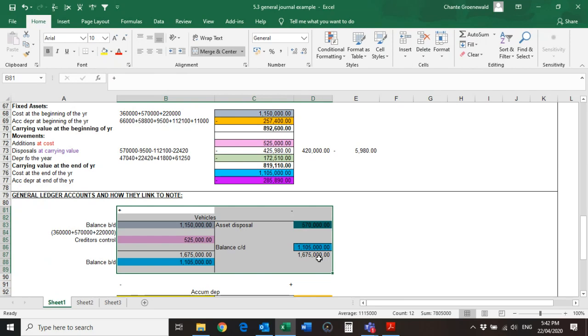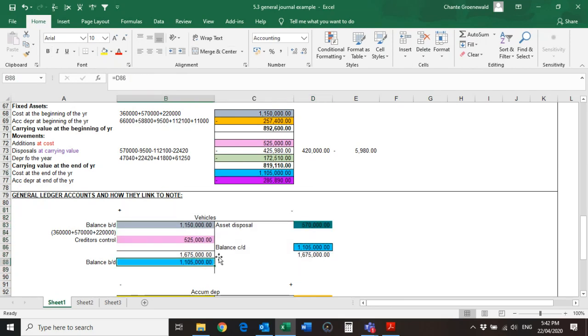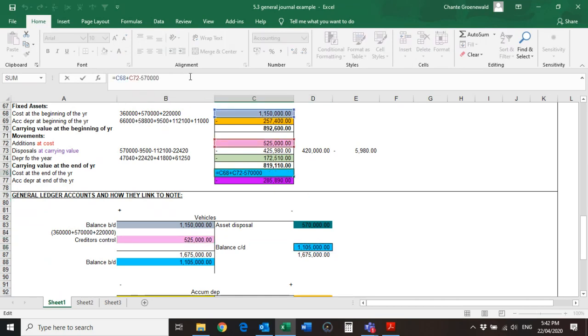They didn't ask it, but so you can see where they got the figures and that the figures actually make sense, because if I take the balance and I take out my asset disposal and I take into account my new vehicle, that's how I'm going to get the balance, and that's exactly how you are getting the cost at the beginning of the year.